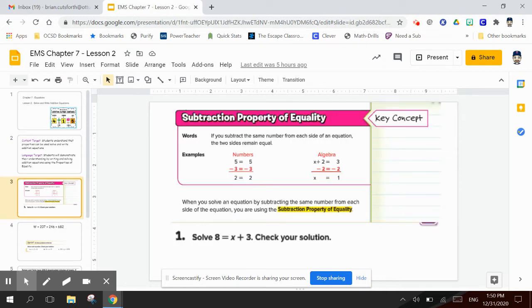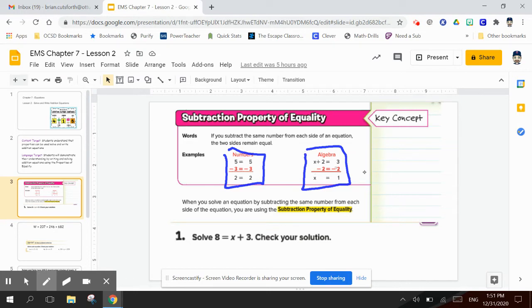So the subtraction property of equality is if you subtract the same number from each side of an equation, the two sides remain equal. This works with our numbers. When I subtract 3 from both sides, we still have 2. What we'll look at with algebra today is using a variable.